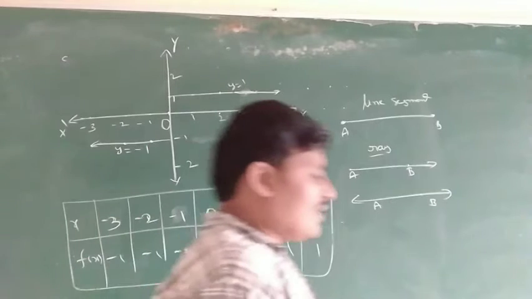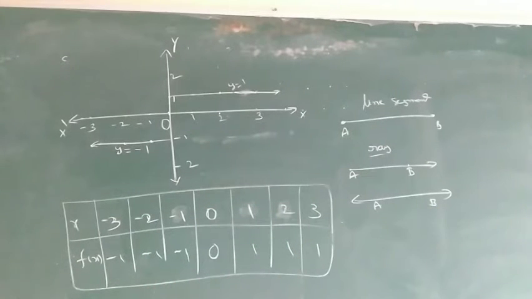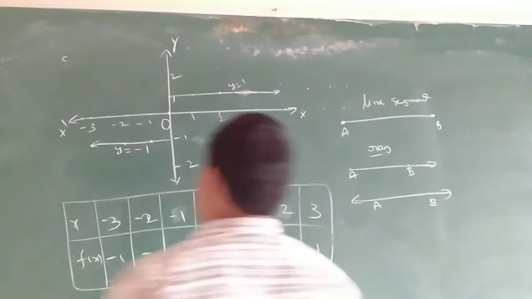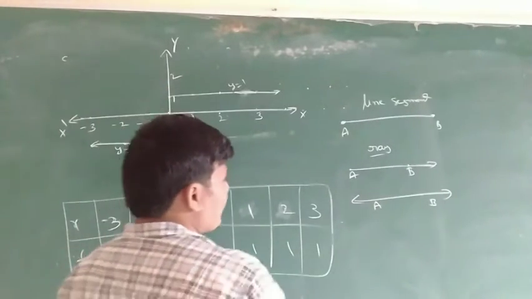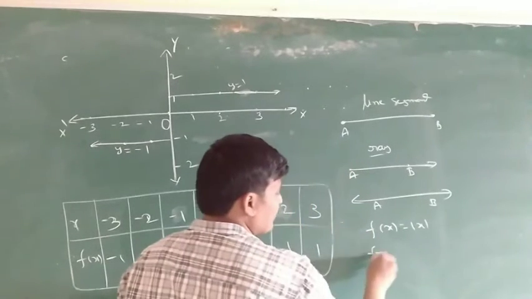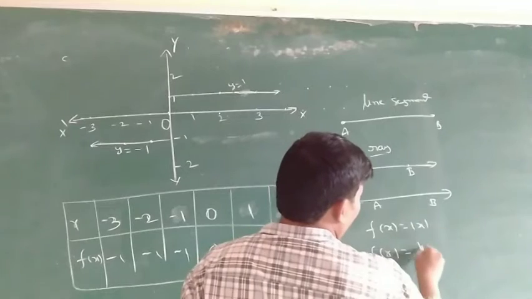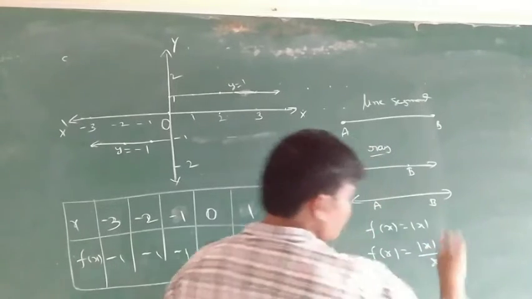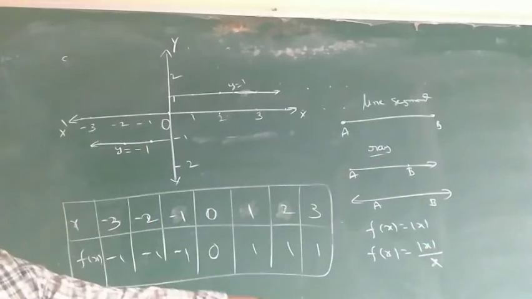Okay. This is the signum function. The modulus function is mod x. So the signum function is mod x by x.